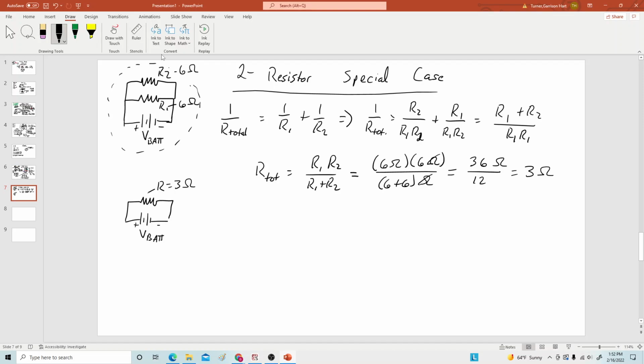Okay, so what that means is the total resistance in a parallel circuit goes down. The total resistance is less than the smallest resistor.